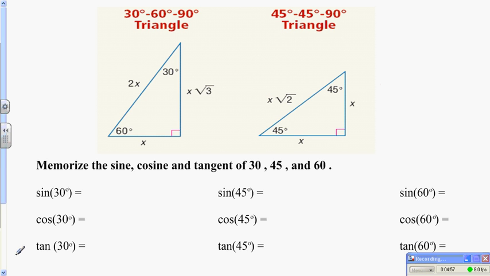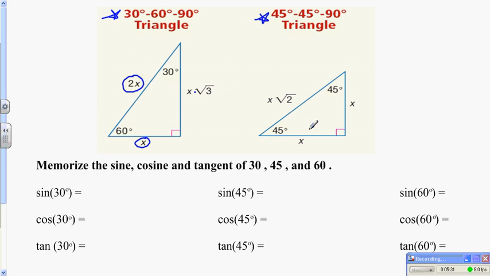Now let's look at specific right triangles, special right triangles. We have 30, 60, 90, and 45, 45, 90. Now, this is something we've learned before. We know that if it's a 30, 60, 90 triangle, then if the short leg is x, then the hypotenuse is twice as long, and the long leg is the short leg times root 3.